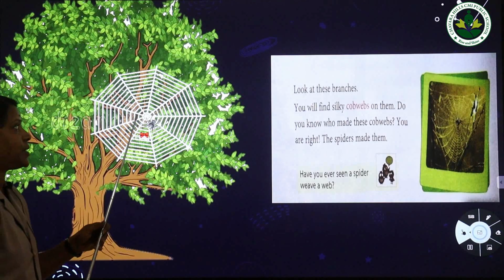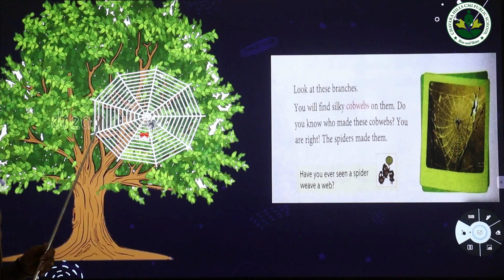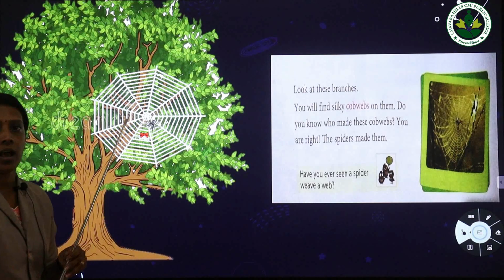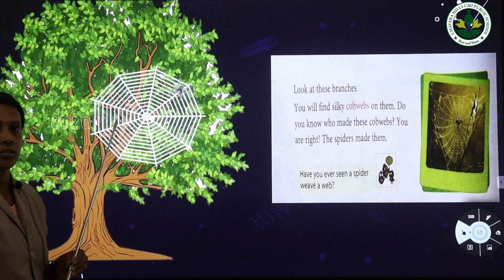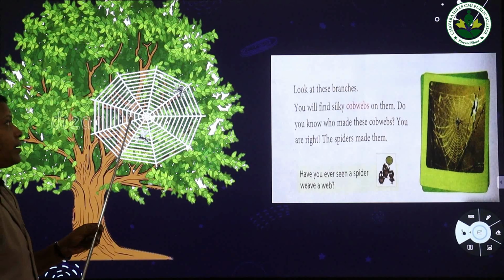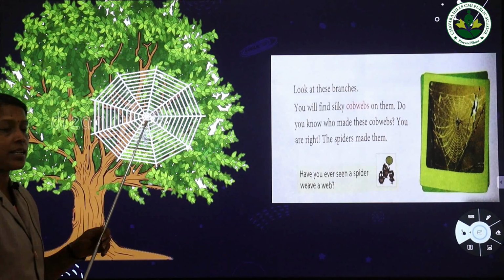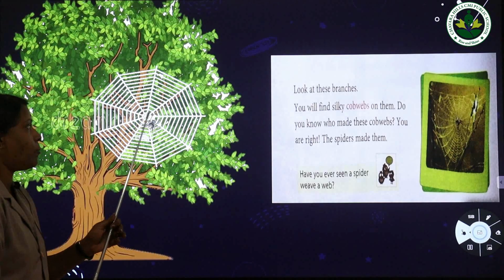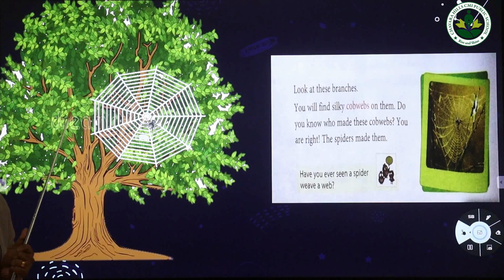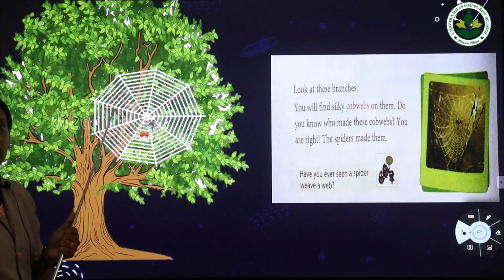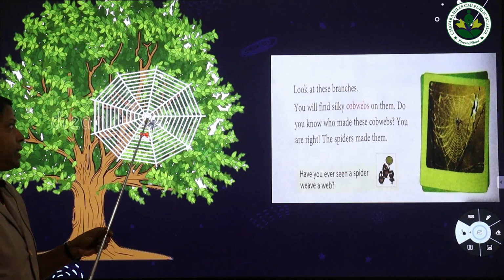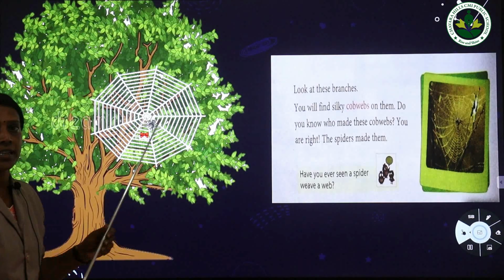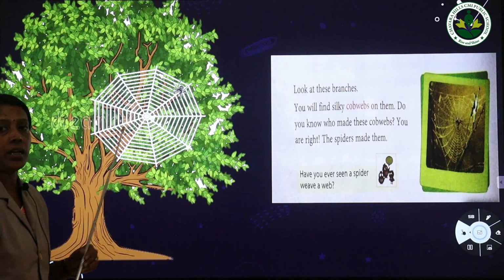And what is the specialty of this cobweb? It is silky and sticky also. So when an insect sits on this sticky cobweb, what will happen? It will get stuck on the cobweb. Then immediately our spider will come and eat the insect.